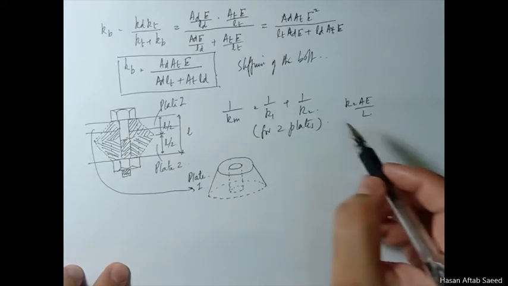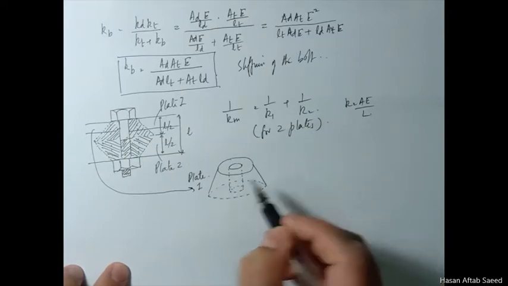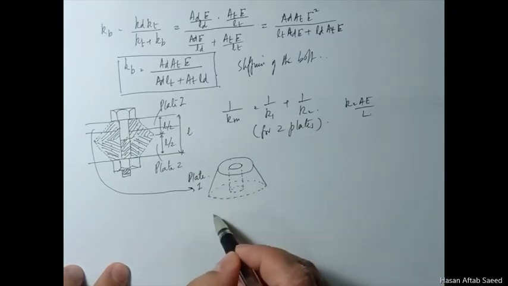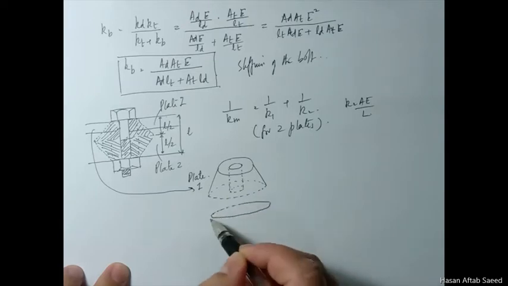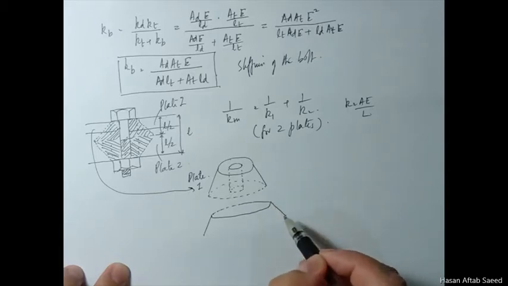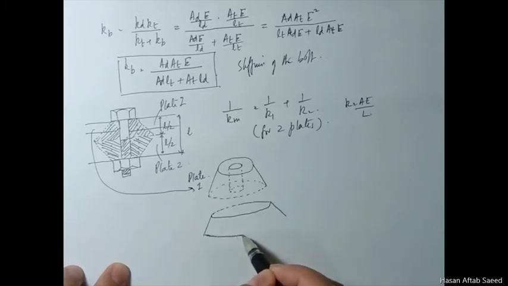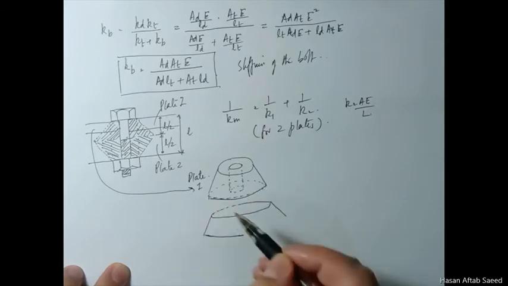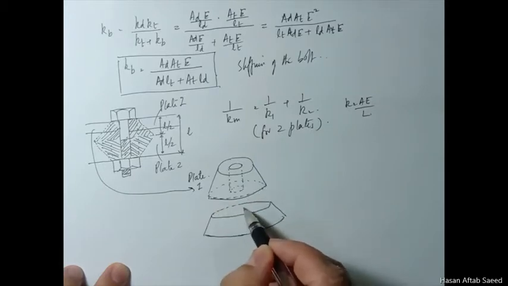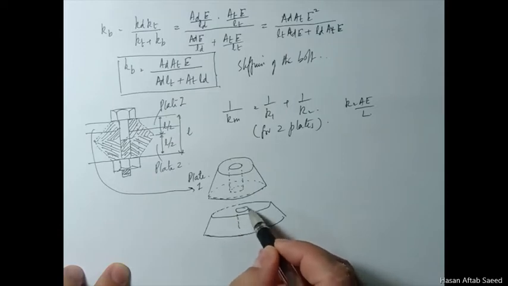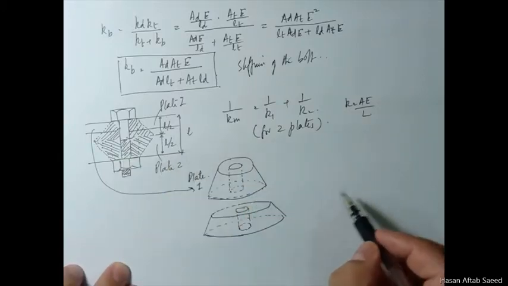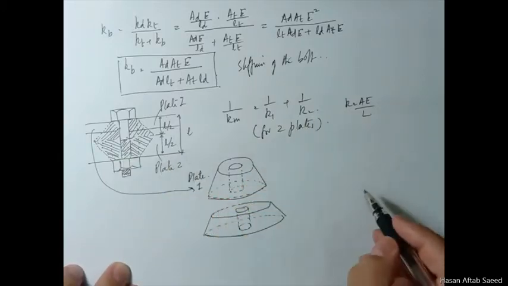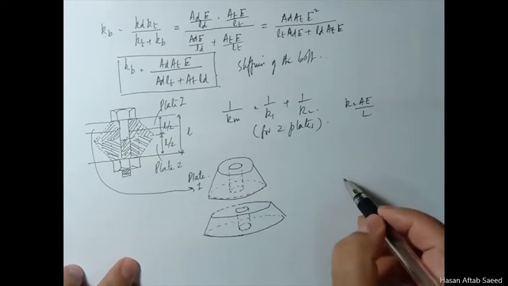Plate 2, for plate 2 you'll have, plate 3 will actually be a combination of two, but it will be something like this.